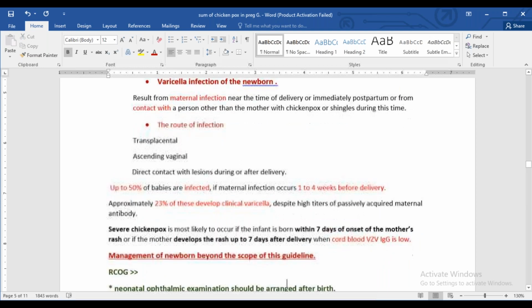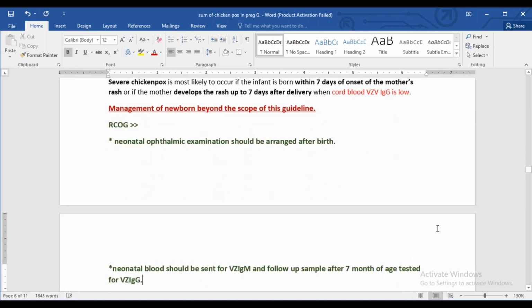Okay. One thing I want to tell you: in the RCOG guideline, they stated clearly that the management of the newborn is beyond the scope of this guideline. So according to the RCOG guideline, you are not obliged to know these things I'm going to tell you, because this is the RCOG recommendation regarding the management of the newborn.